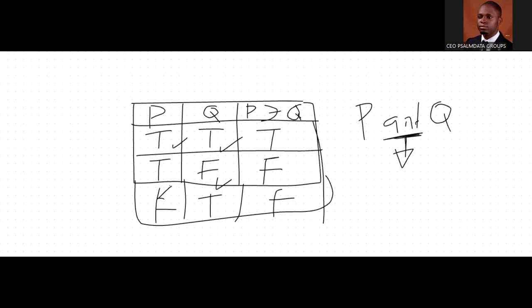What if I say 3 plus 4 is 7 and 2 plus 3 is 7? What will you say? False. Even though the first one is correct, the second one is not. So it is false.